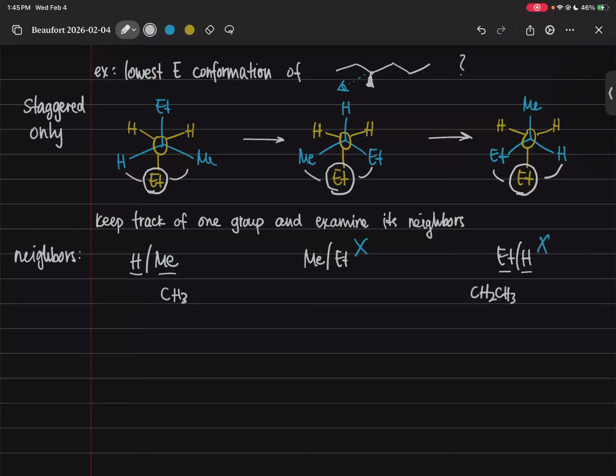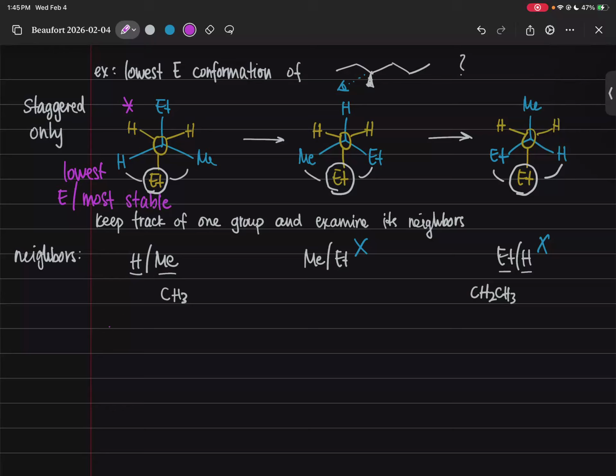The blue ethyl group is larger than the blue methyl group. And so this one is the lowest energy and the most stable.